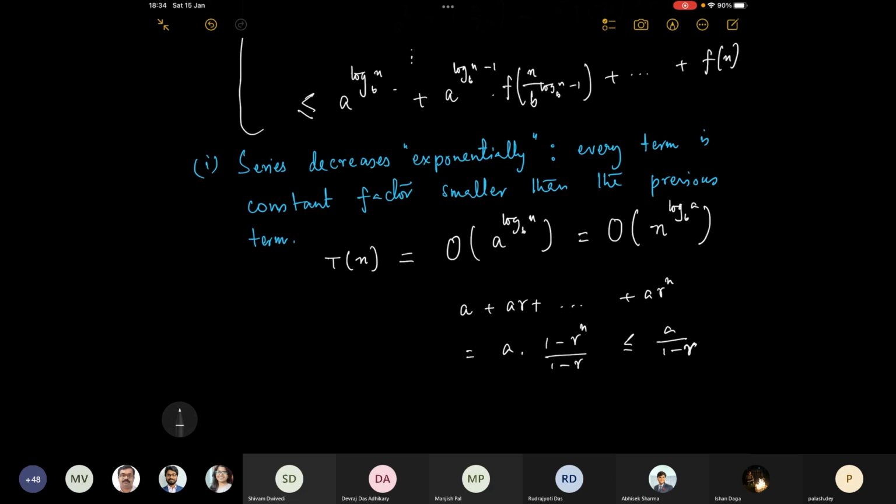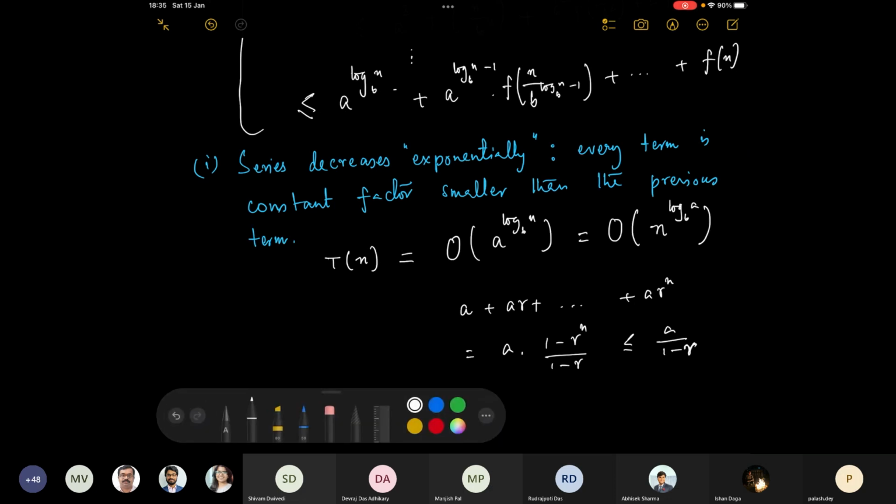Are you with me? So you can check that any geometric progression, any finite geometric progression or infinite also, the sum is big O of the maximum term. Okay.